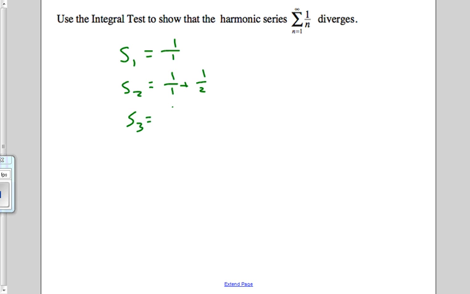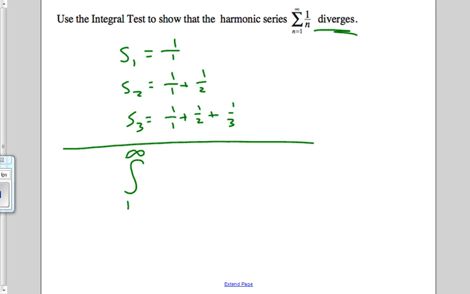S sub 3 would be 1 over 1 plus 1 over 2 plus 1 over 3. So that's what this harmonic series looks like. But to use the integral test to show that it diverges means that we need to show that the integral from 1 to infinity of 1 over x dx diverges.